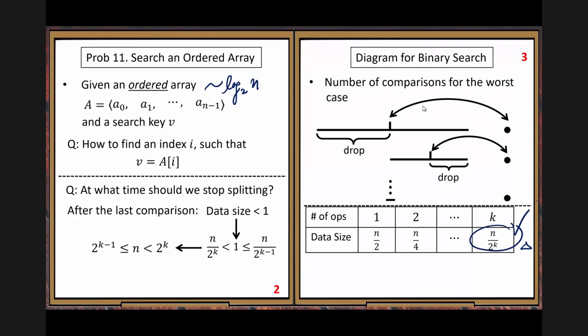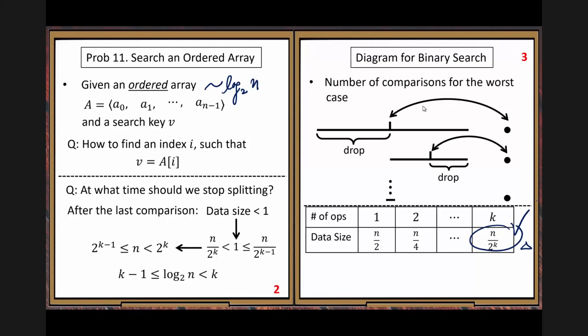Okay? So we want to isolate k. So we take log base 2 of both sides of the inequality. So we get k minus 1 less than or equal to log base 2 of n, less than k.